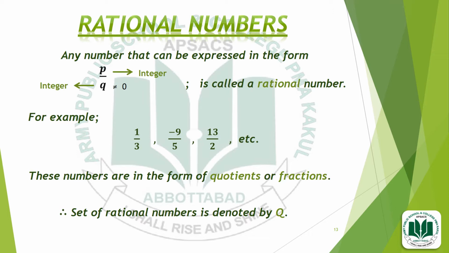For example, 1/3 is a rational number because it is in the form p/q and q is not equal to 0. -9/5 is also a rational number because p is equal to -9 and q is equal to 5, and both are integers.